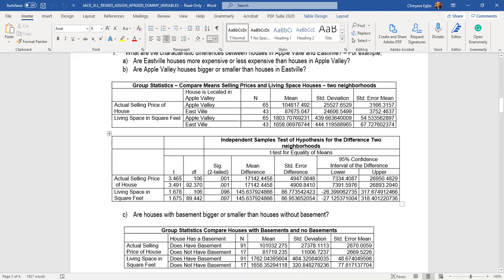Since this will lead you to reject the null hypothesis of no difference, you are concluding that there is a difference, because your null hypothesis is that there is no difference. If you reject the null hypothesis, then you are saying there's a difference. And only one of these t-values you have to use. You don't have to use the two of them. Okay. All right?